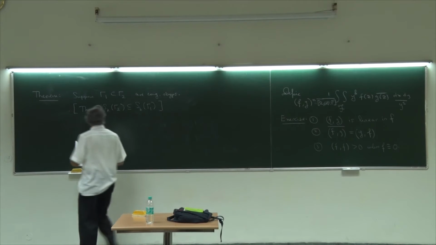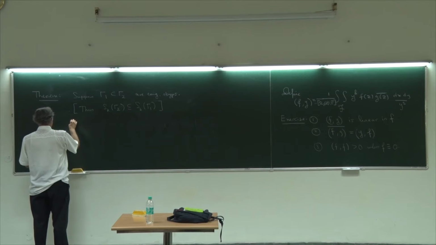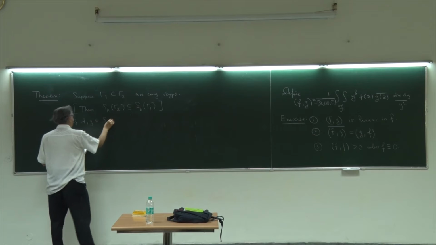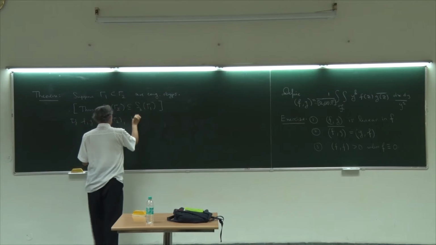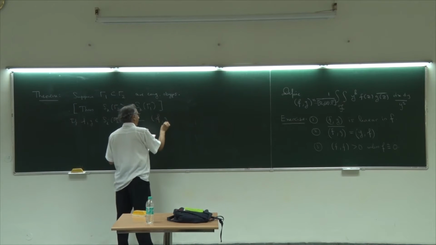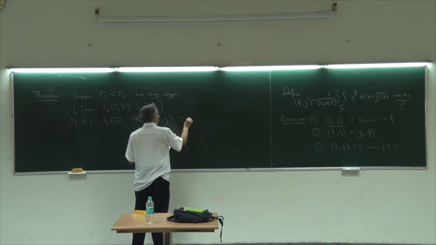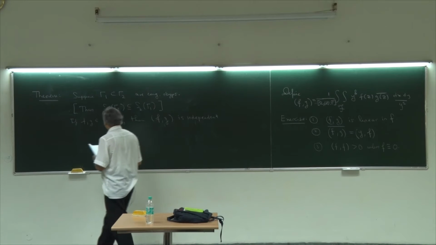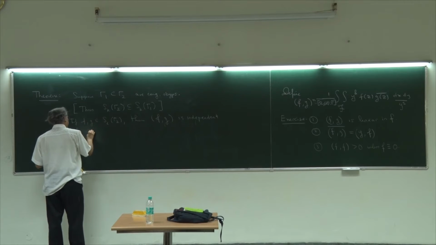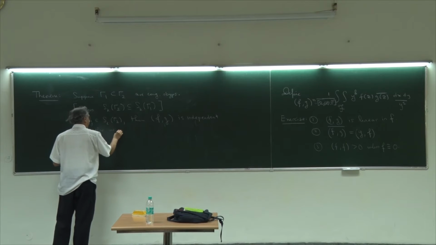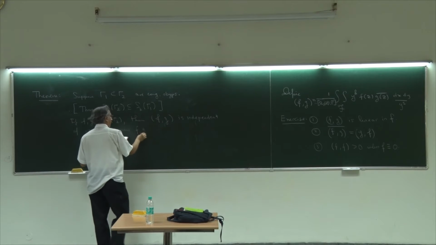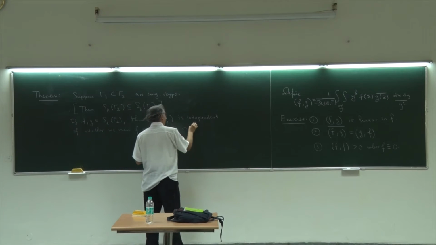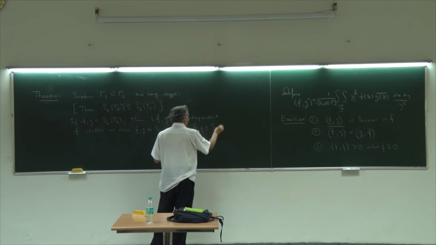So if f and g are elements in S_k of gamma 2, then the inner product (f, g) is independent of whether we view f and g as elements of S_k of gamma 2 or as elements of S_k of gamma 1.